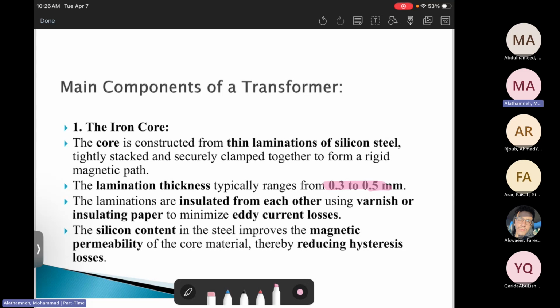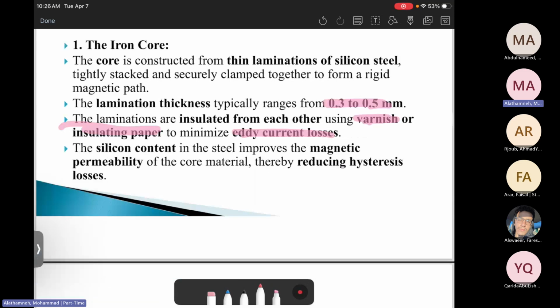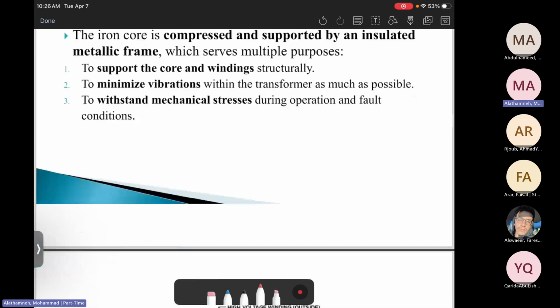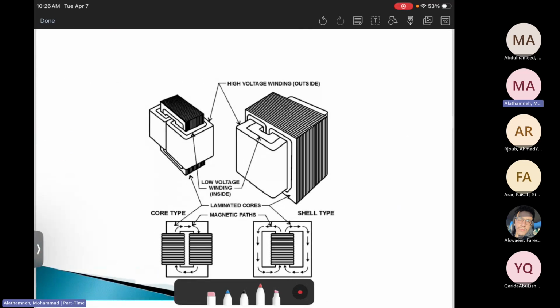The laminations are insulated from each other using varnish or insulating paper to minimize eddy current losses. The silicon content inside the steel improves the magnetic permeability and reduces the hysteresis losses. This is how the iron core looks like. You see there are a lot of sheets stacked together to form a core.